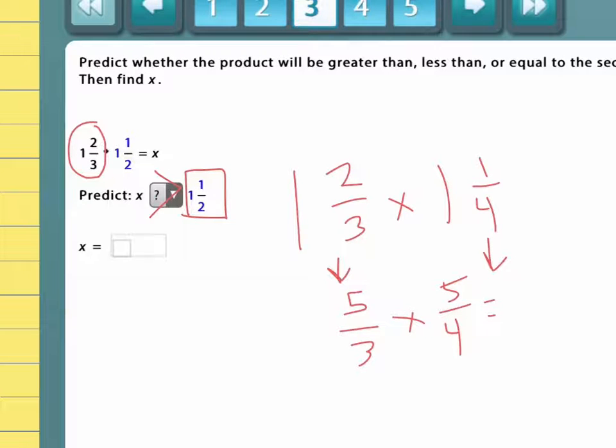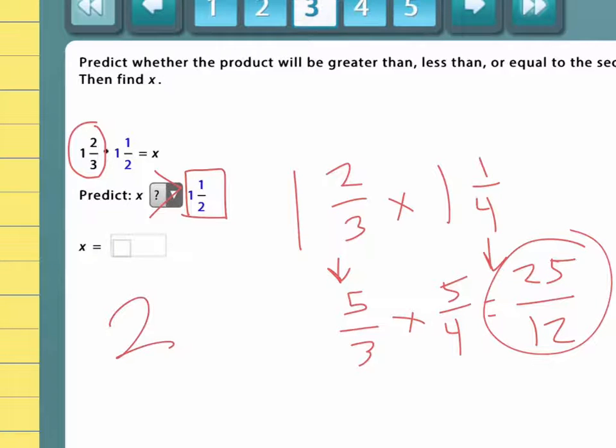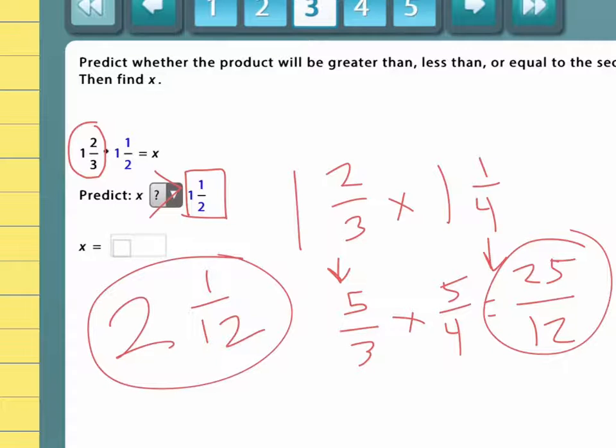There's no simplification. 5 times 5 is 25. 3 times 4 is 12. So how many times will 12 go into 25? It's going to go in 2 whole times, and there's going to be 1/12 left over, because 25 divided by 12 is 2 wholes with 1/12 left over. So our product is 2 1/12, and 2 1/12 is greater than 1.5.